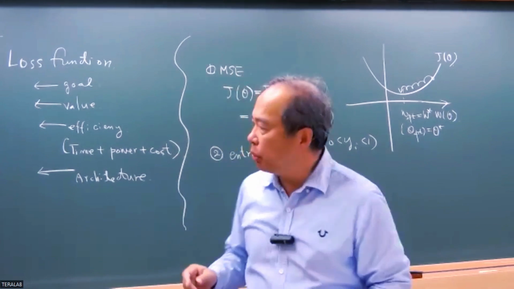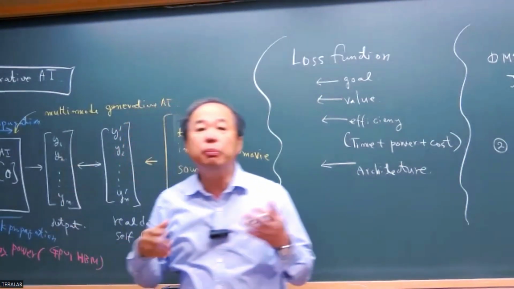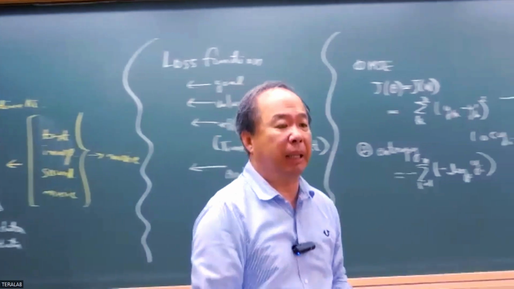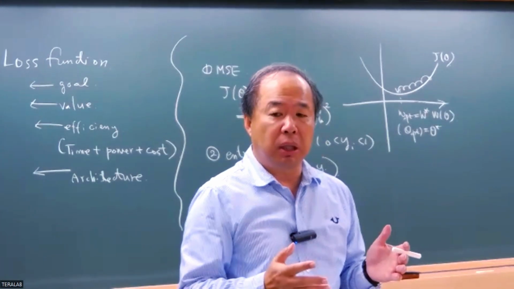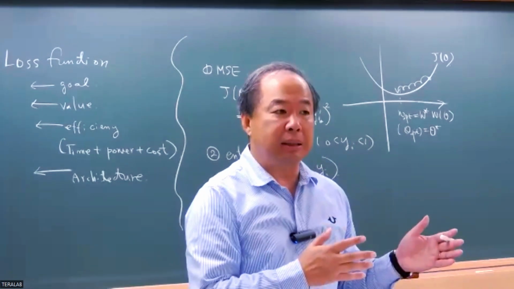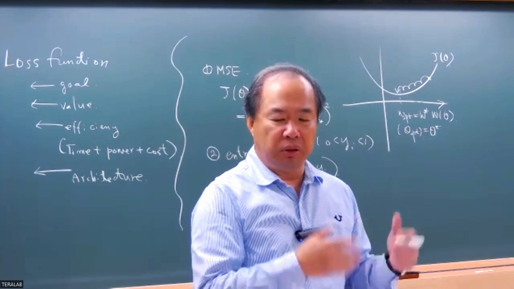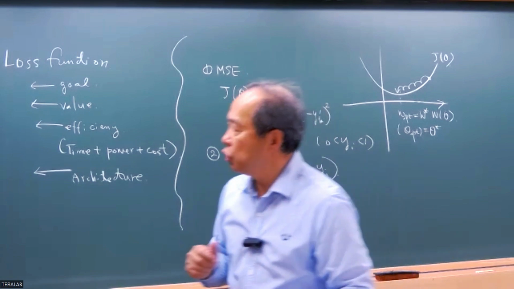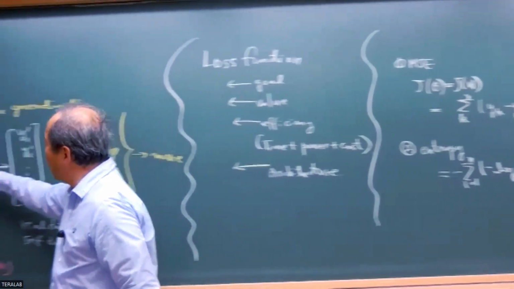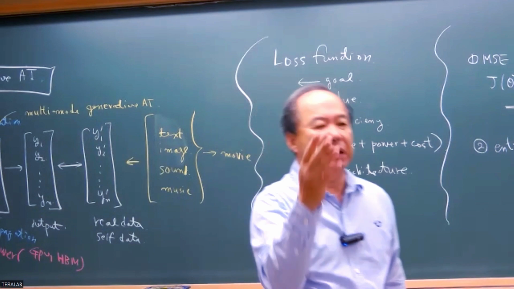In order to be a probability, the summation of y1 to yn should be equal to 1. That function is called a softmax function. In the next class, I'm going to give you more understanding of softmax. But at this moment, we are assuming that y1, y2, and yn are a probability distribution.